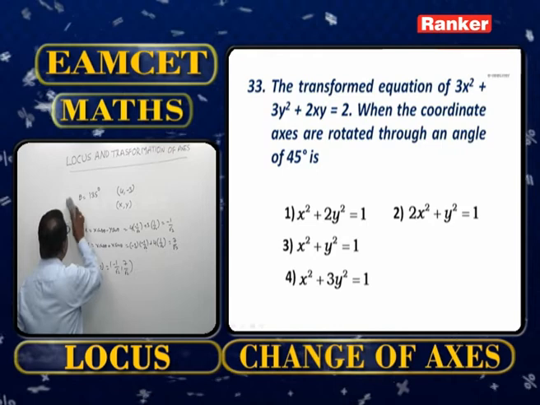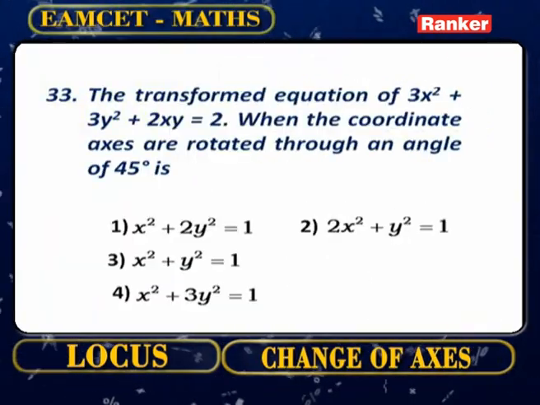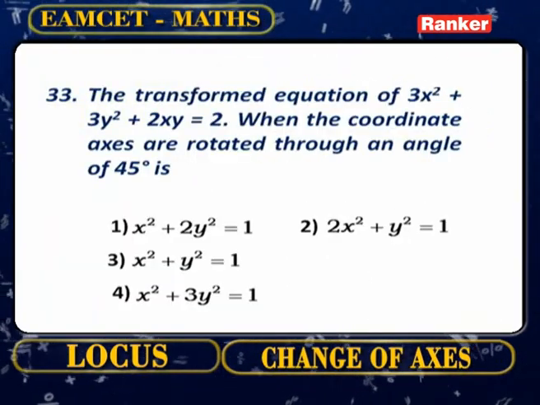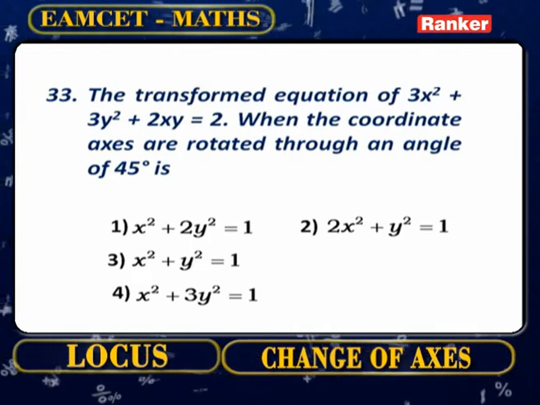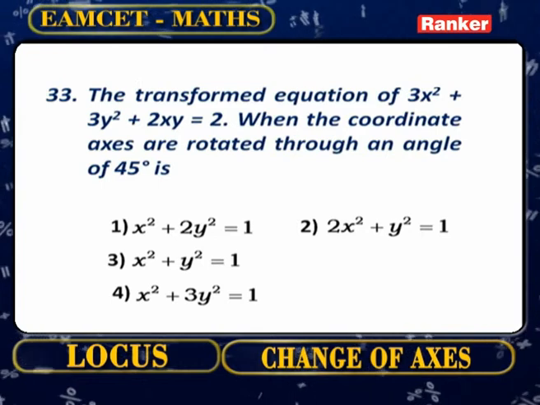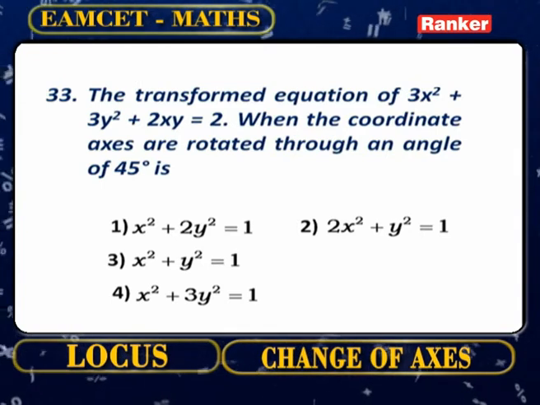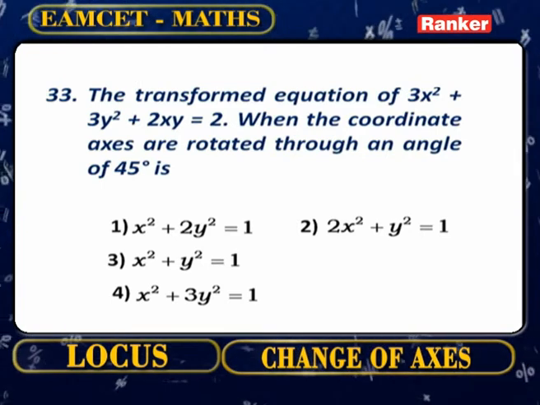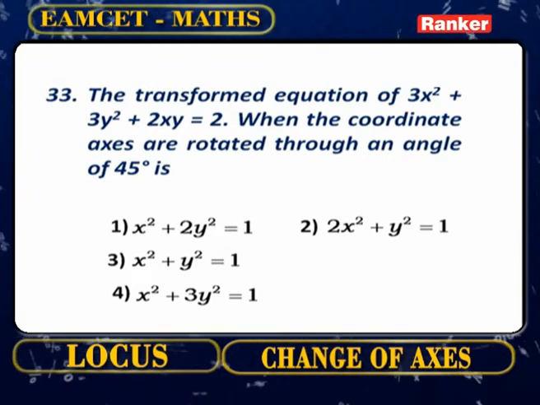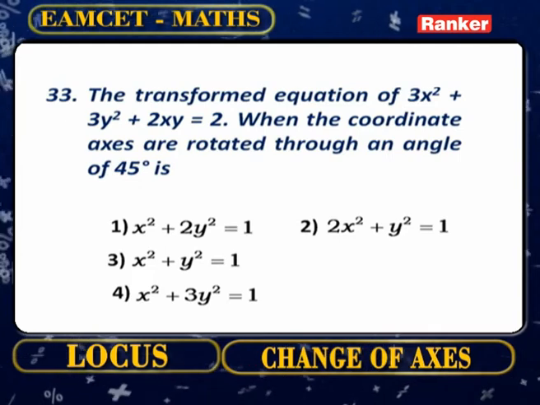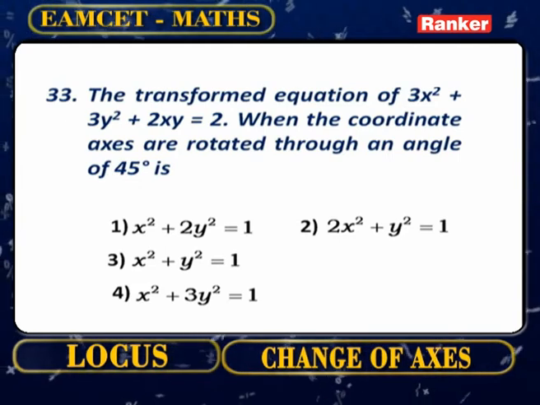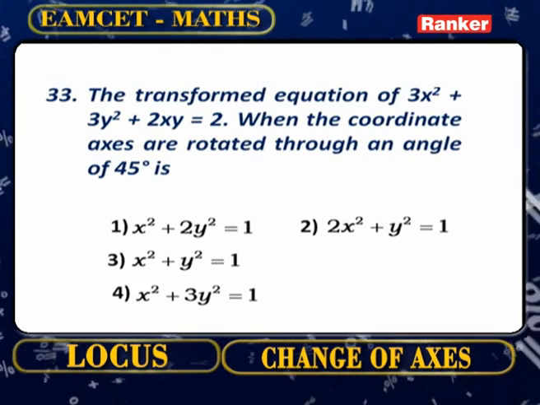Next. Find the transformed equation of 3x square plus 3y square plus 2xy equals 2 when the coordinate axes are rotated through an angle theta equals 45 degrees.